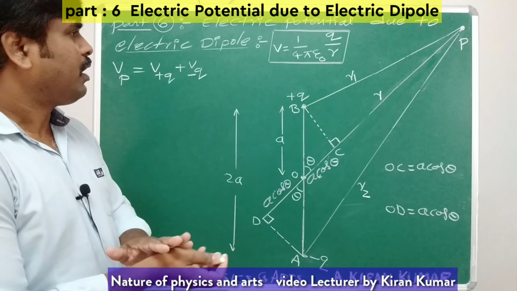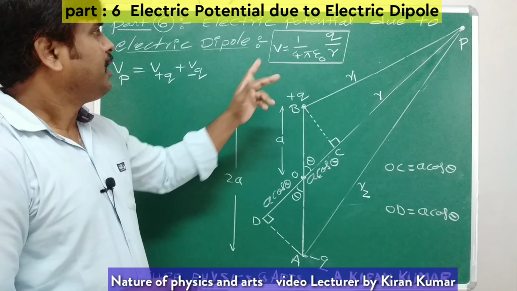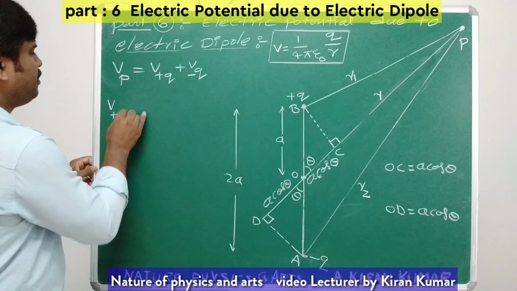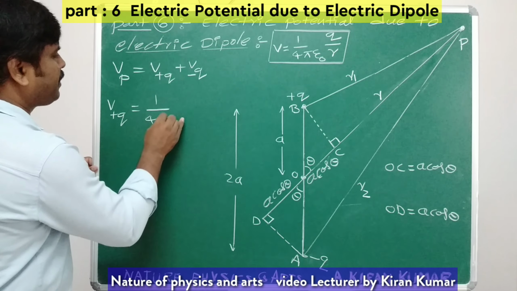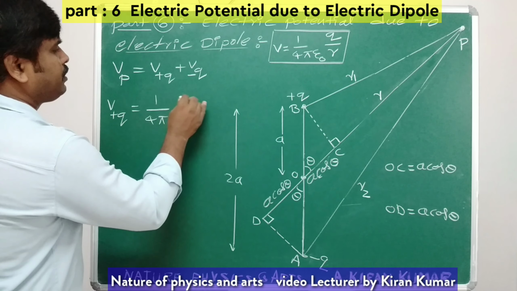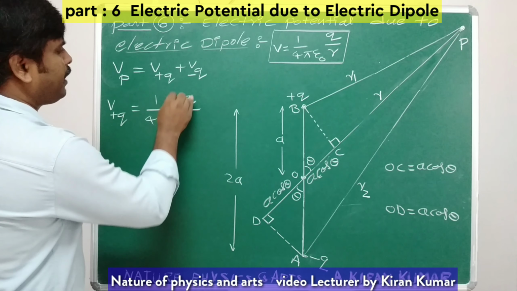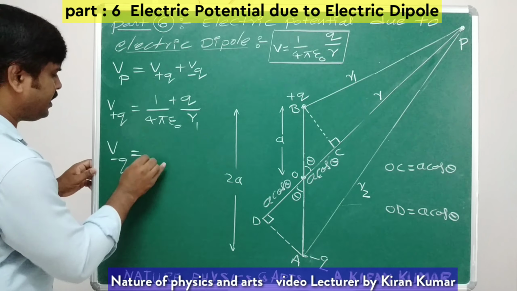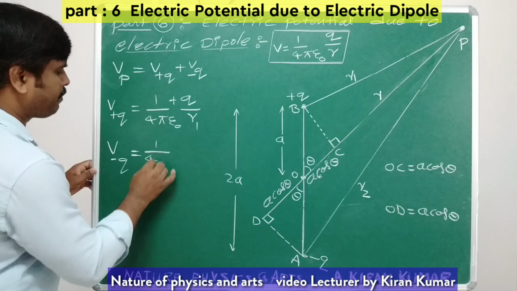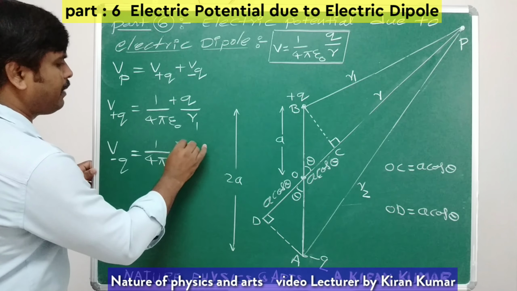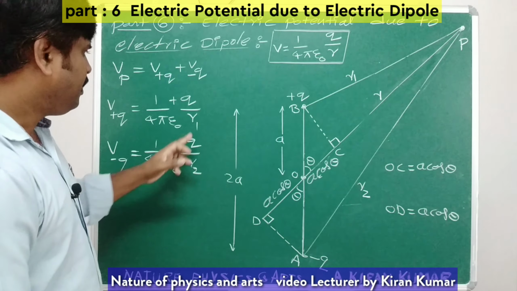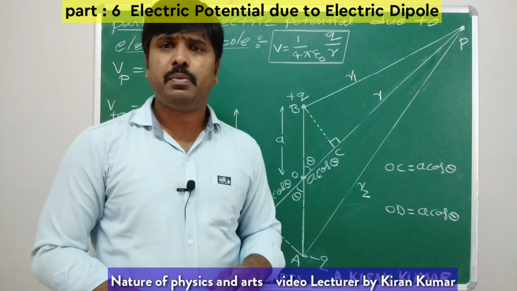Step by step, the basic formula gives V plus Q equal to 1 by 4 pi epsilon naught Q divided by R1, and V minus Q equal to 1 by 4 pi epsilon naught minus Q divided by R2. So we need to find the R1 and R2 values.